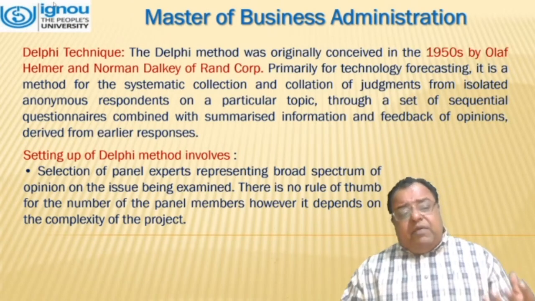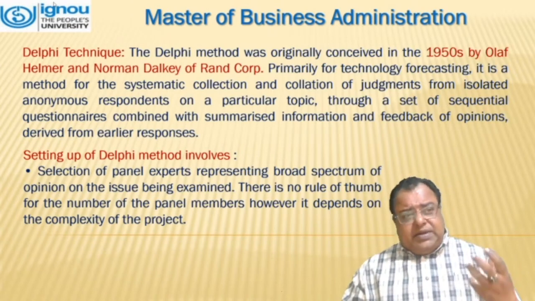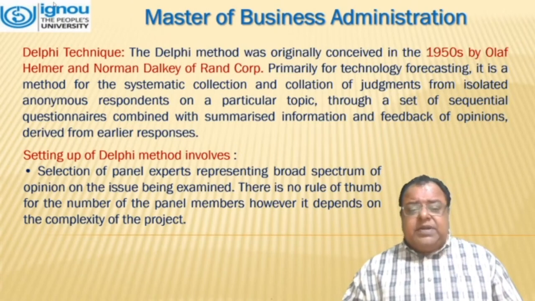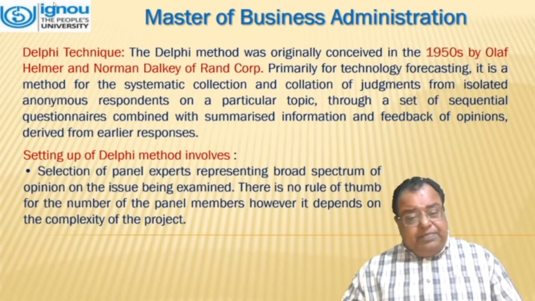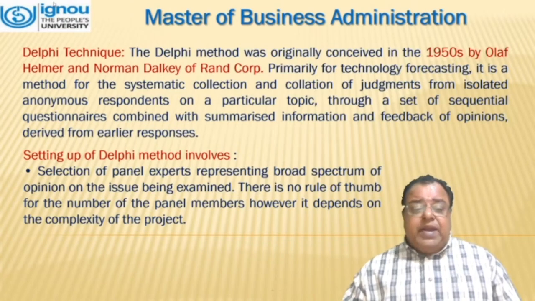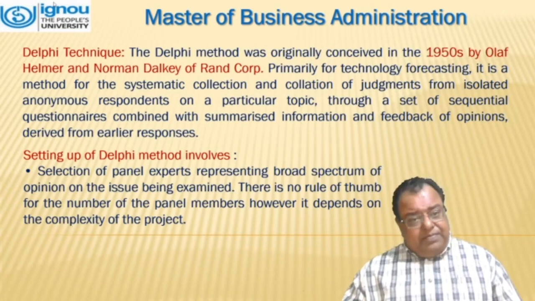Now, how does this Delphi method work? Initially, a selection of panel experts representing a broad spectrum of opinion on the issue being examined. There is no rule of thumb for the number of panel members. However, it depends on the complexity of the problem.